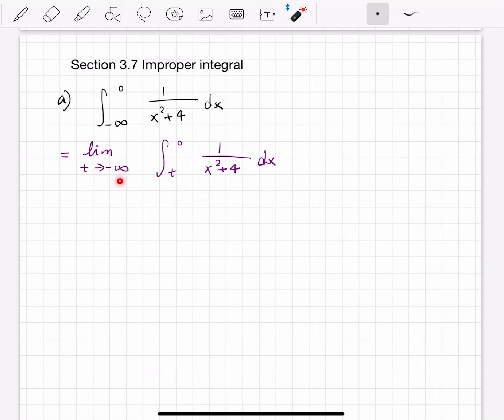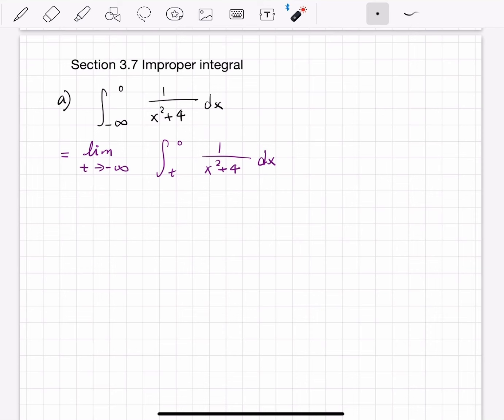So we take out the limit. We are not considering the infinities here; we treat this as some number and do the integration normally. At the end, when we evaluate, that's when we take the infinities into consideration.